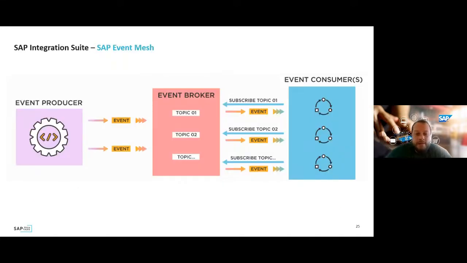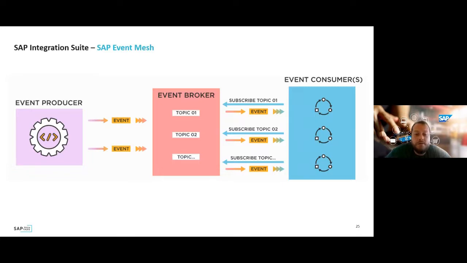So I bring here an idea, right? Instead of having a classic point-to-point integration where you have the sender and the receiver, the concept changes a little bit, and then you have the event producer creating events.